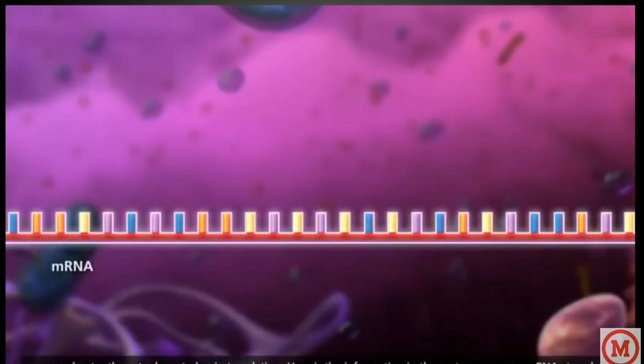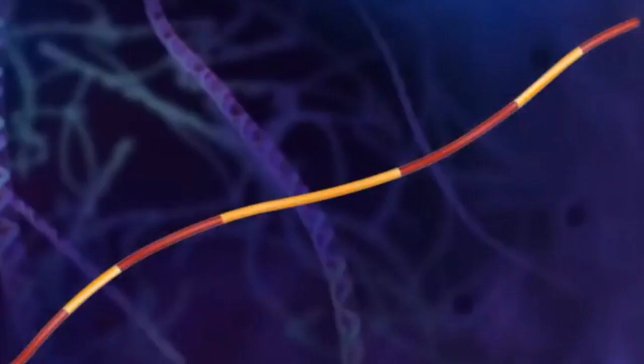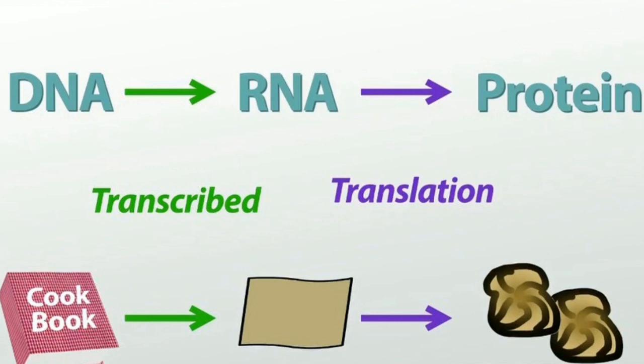In the translation process, firstly, the messenger RNA formed from the template DNA strand moves out of the nucleus through nuclear pores to enter the cytoplasm, where the actual translation takes place.